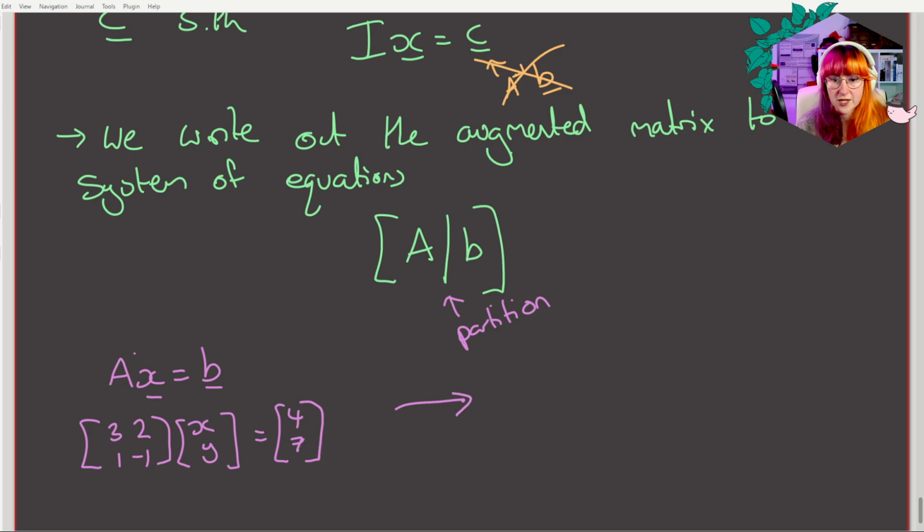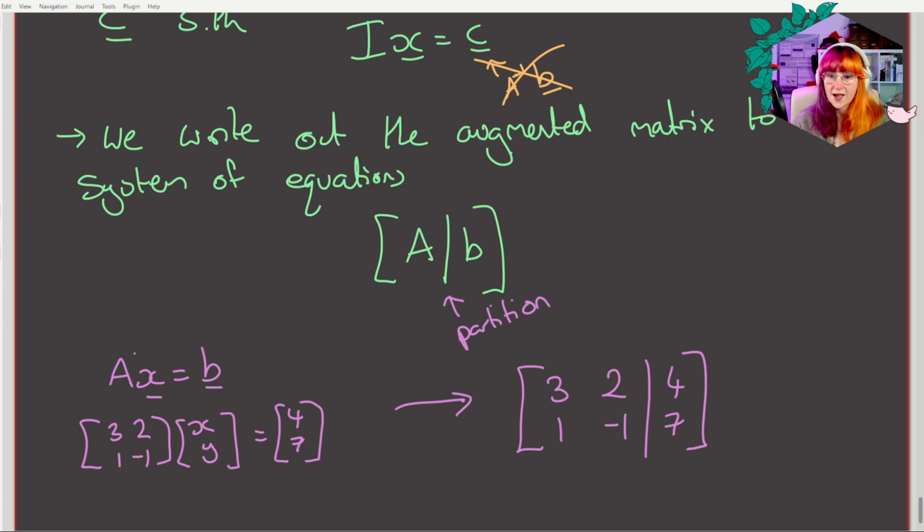Our augmented matrix is going to be 3, 2, 1, minus 1, big line, 4, 7. And I'm pretty sure the line is there so we can see what's the solution and what's the coefficients.